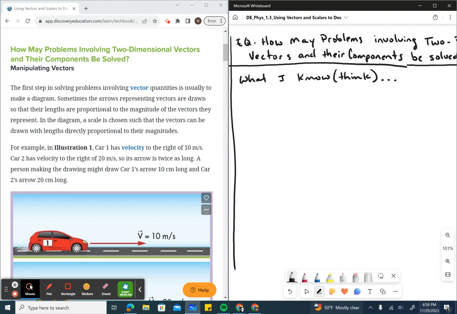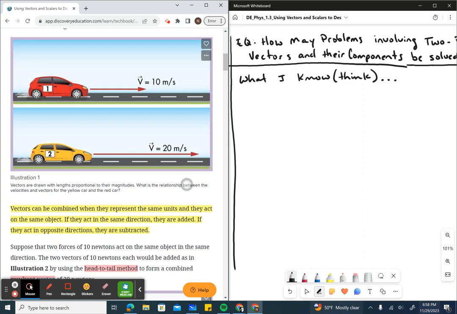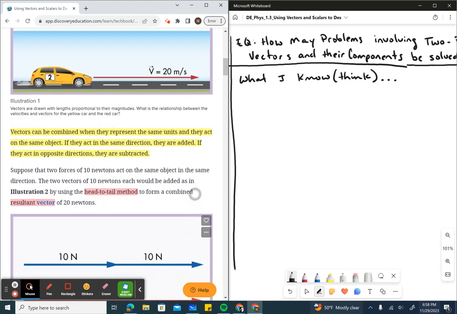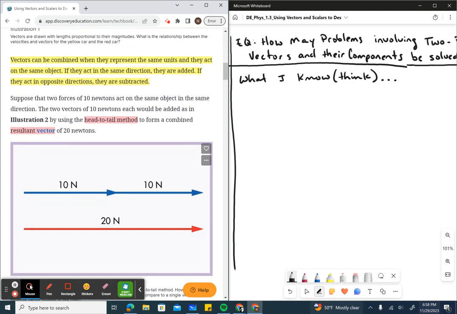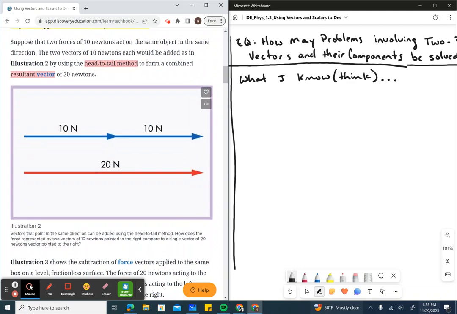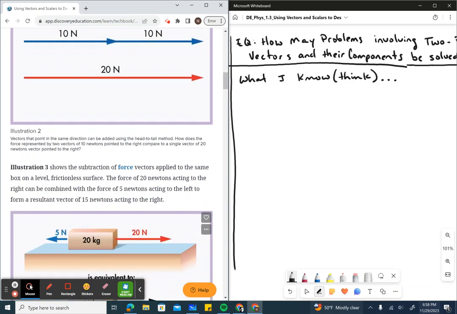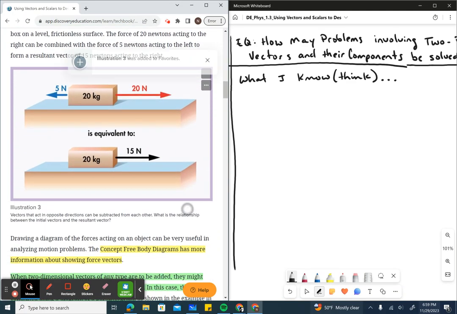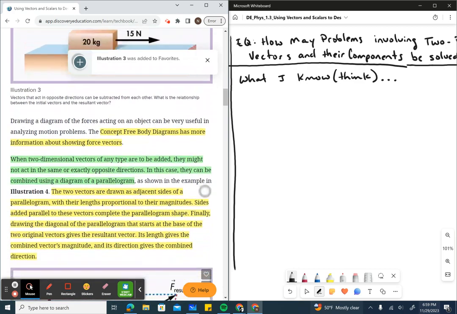As we take a look at this explore, we can see that we've got manipulating vectors right here. Got some information on connecting them, adding them, subtracting them.